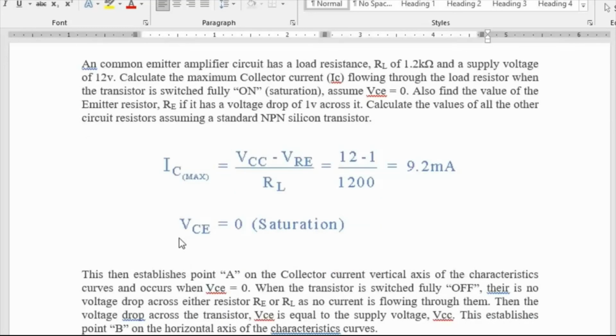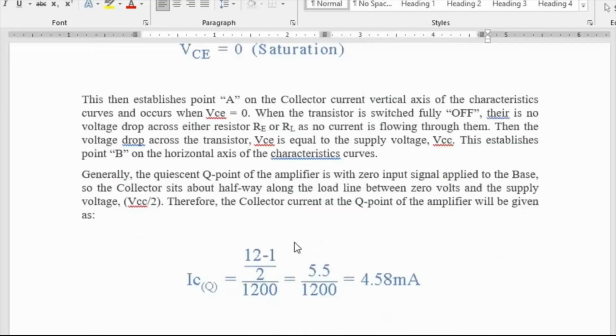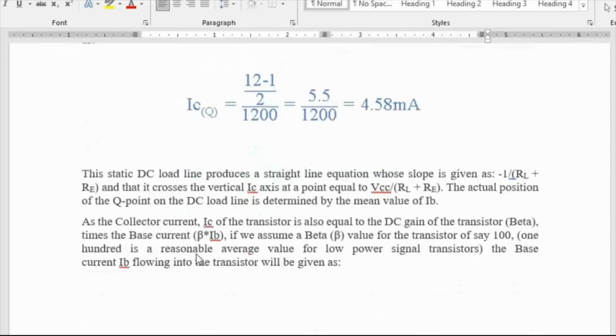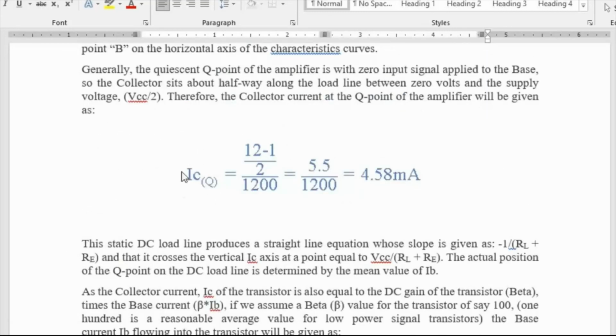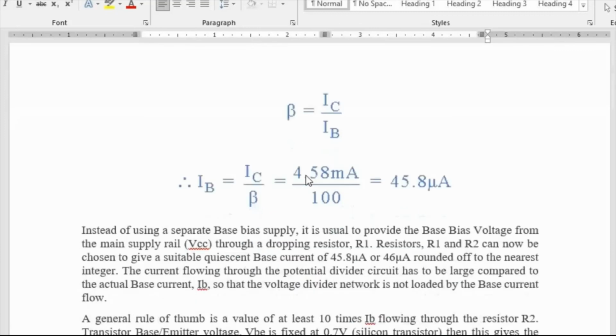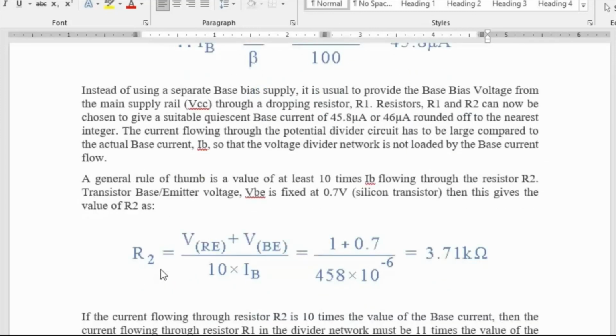VCE equals 0, which is reaching saturation. This is to find IC Q. And so on, the other formulas.